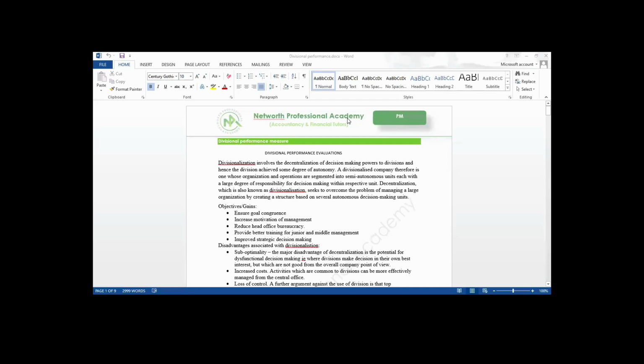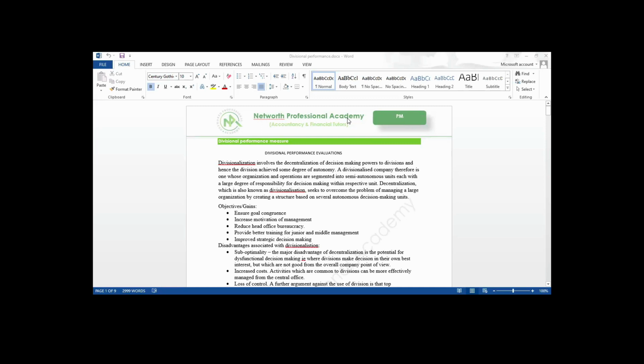And each division will report their own profits at the end of the financial year. Why do we evaluate the performance of each division? In other words, what is the objective of divisional performance evaluation?